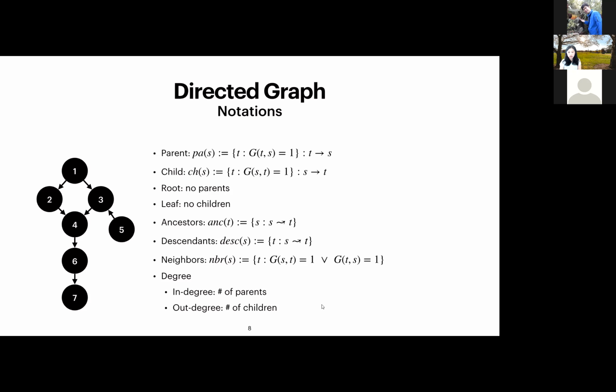So again, this is simple notation. Since this is relatively simple, I'll just go through it very quickly.